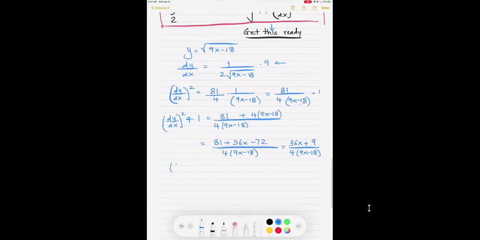So I'm going to say, okay, dy by dx squared plus 1 seems to be, you are going to check if I'm doing this right. So I'm saying this is going to be 9 quarters times 4x plus 1 over 9x minus 18.